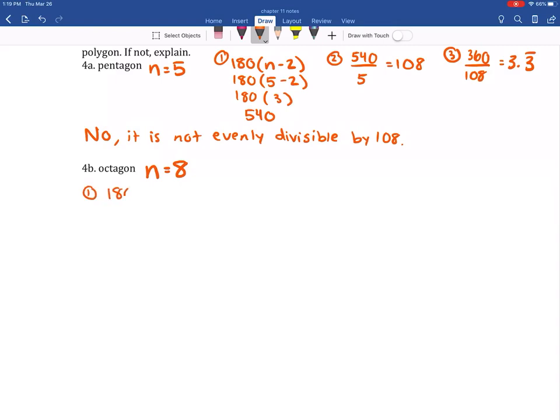So let's try this pattern one more time. Step 1, plug it into the sum equation. So I'm going to get 180 times, we already said octagon was 8, 8 minus 2. Step 2 is to figure out what one individual interior angle would be. So I'm going to divide that by 8.